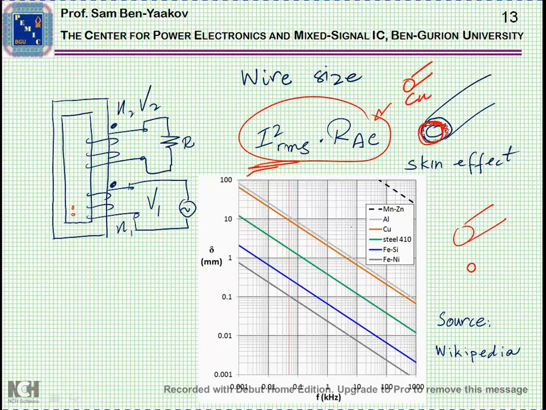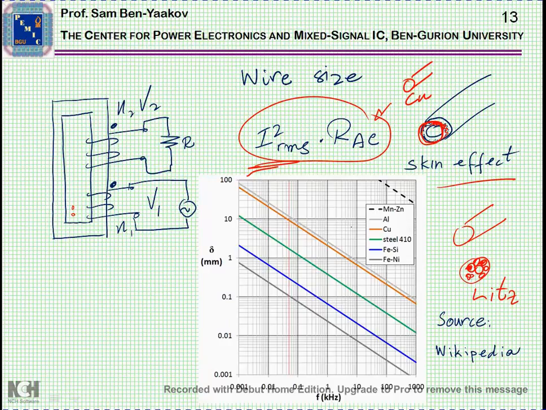You'd rather use a Litz wire, which is a bundle of smaller wires such that the total cross area is the one that you need, but each one has to be isolated from one another, and the cross area and the diameter of each will comply with the skin effect phenomena.